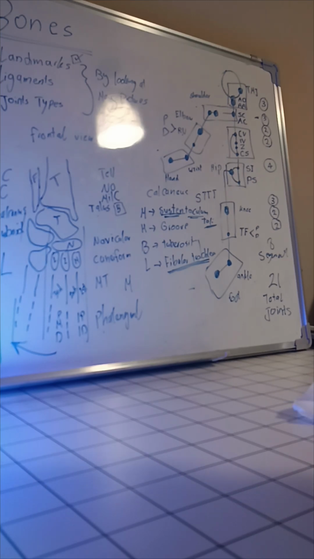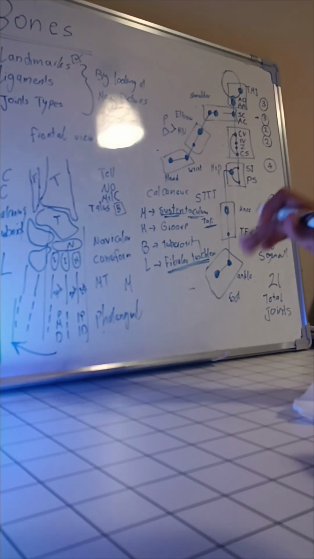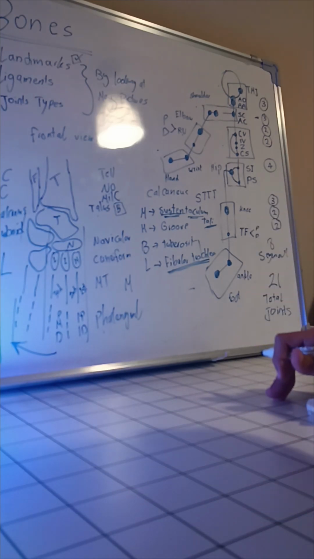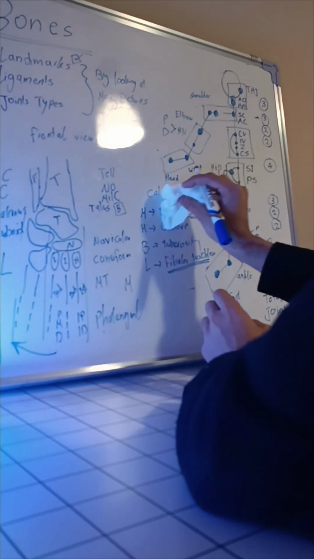What else can we have in here? In each of the phalanges, there is the head and the base, all right? And also the body in the middle.